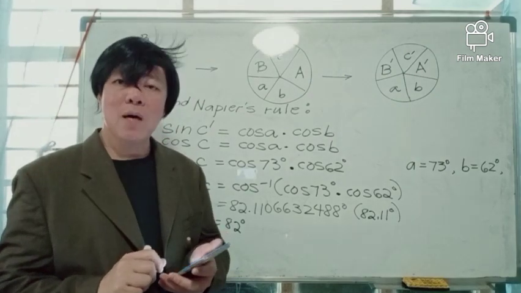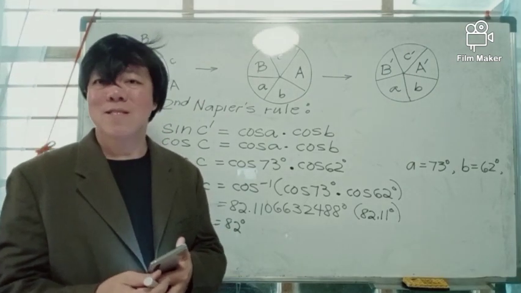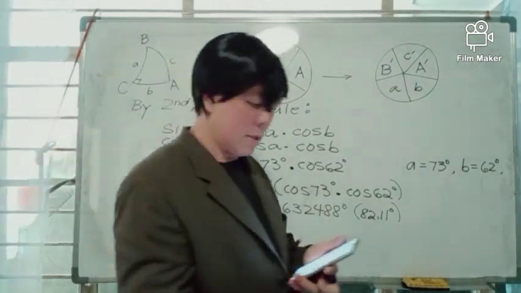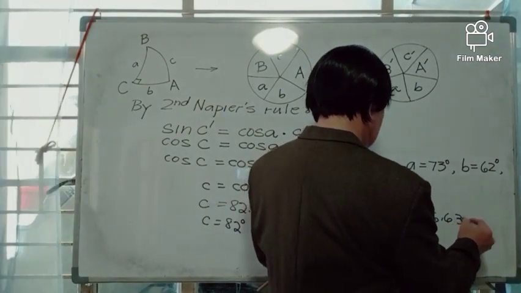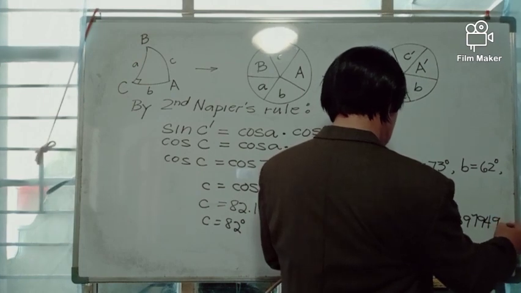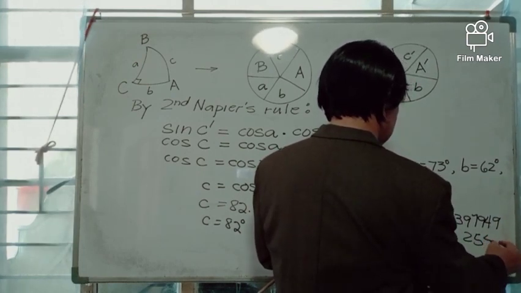We multiply by 60 minutes because 1 degree equals 60 minutes. And the answer you will get is 6.6397949254.